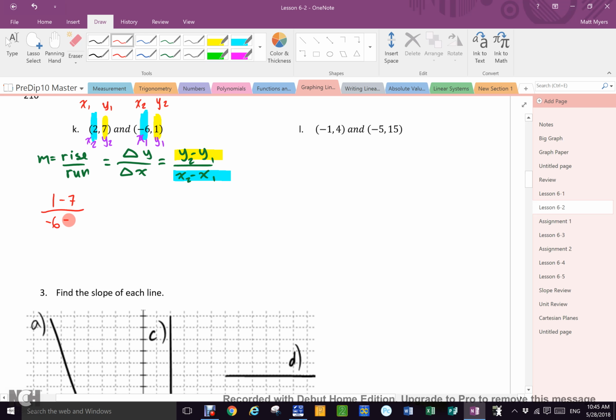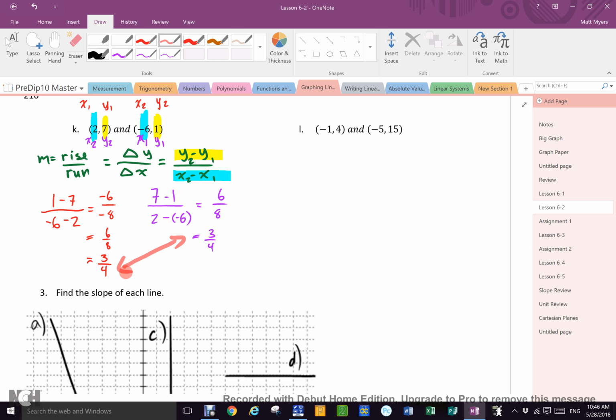What's 2 minus -6? 8. Would I ever write that? What do you see? They're both the same. Does it matter which one is x1 and x2? Who decides? You do. What's the only thing that matters? That you match the 2 with the 2 and the 1 with the 1.